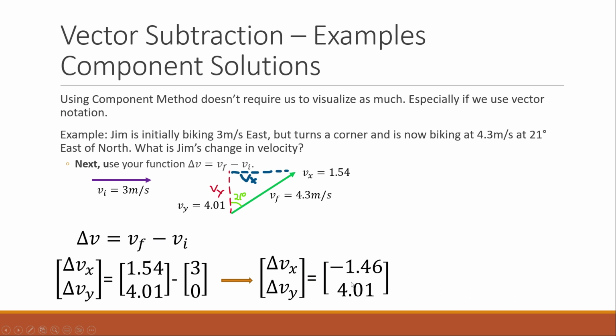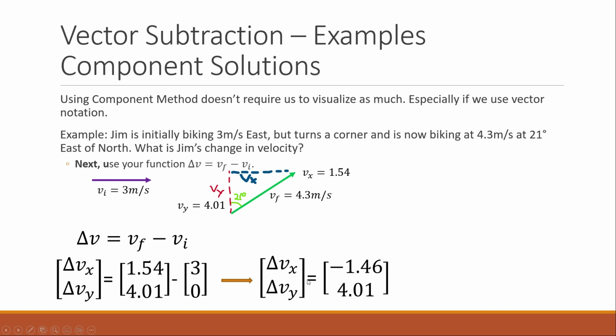So do that little subtraction, and the x component of the change is negative 1.46, or negative, in this case, we see is going to be west because we've chosen all of our east values to be positive. And the change in y is 4.1 positive. We define that as north. I didn't say it explicitly before, but you can check back and see that that's what we did.